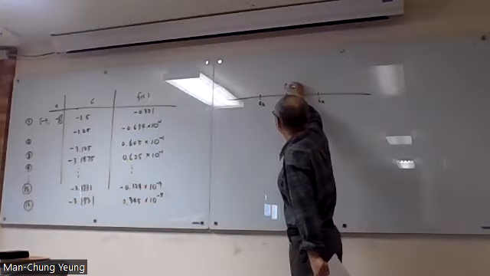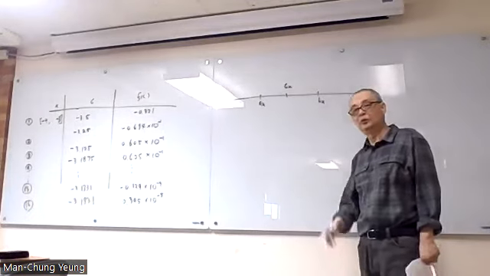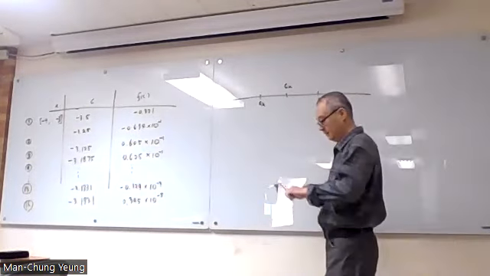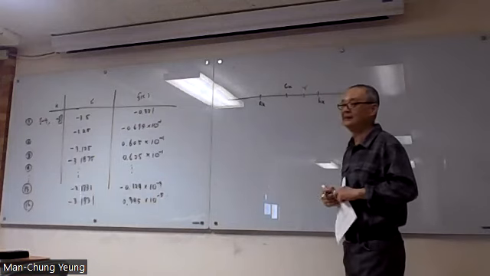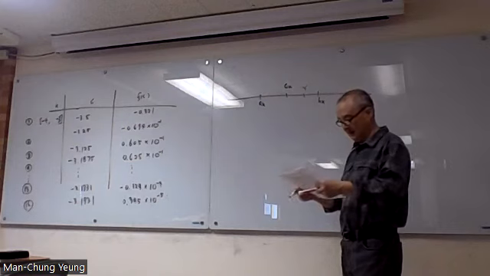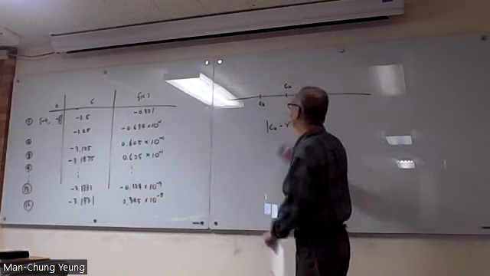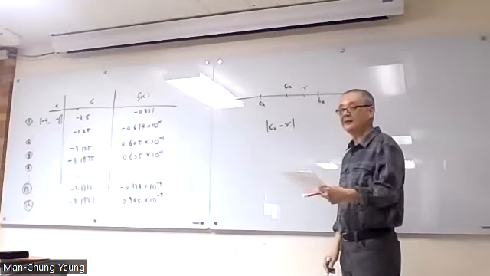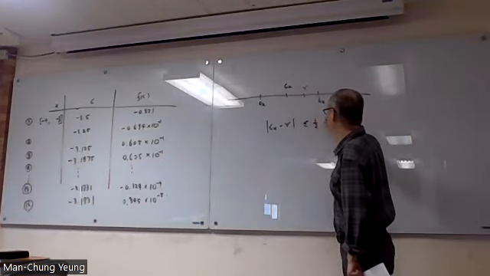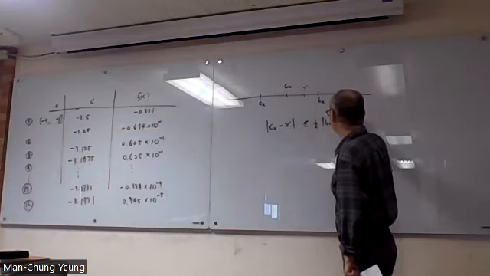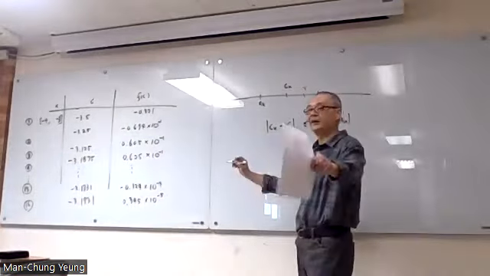Midpoint here, c_k. r is the root of the equation, maybe here. So c_k minus r, the distance, is less than or equal to 1/2 (b_k minus a_k), roughly, okay? Roughly.